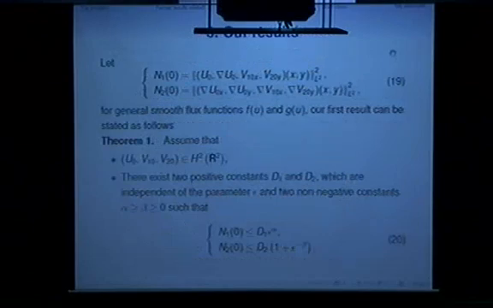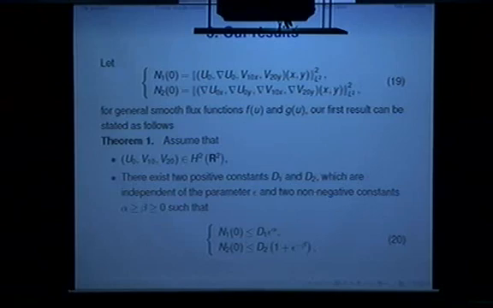So now we return to we want to state our main results. Our first result is on the case when the flux function is a general smooth and nonlinear function, and f is strictly convex, so the second derivative of f is positive.